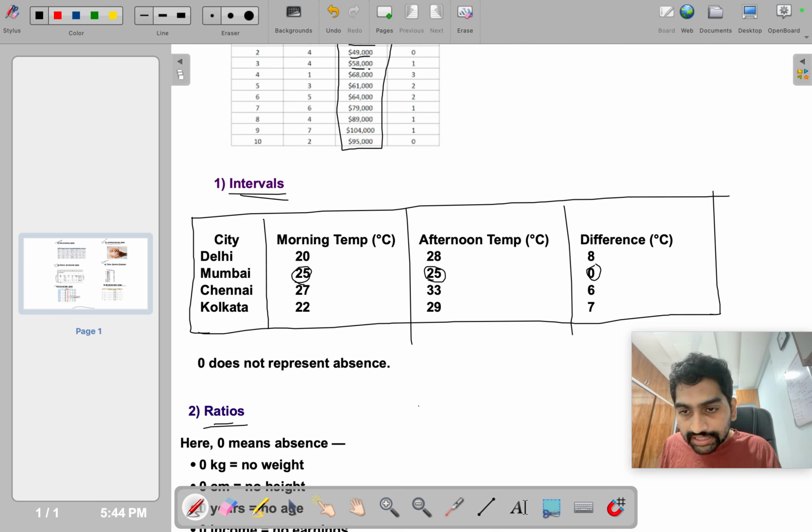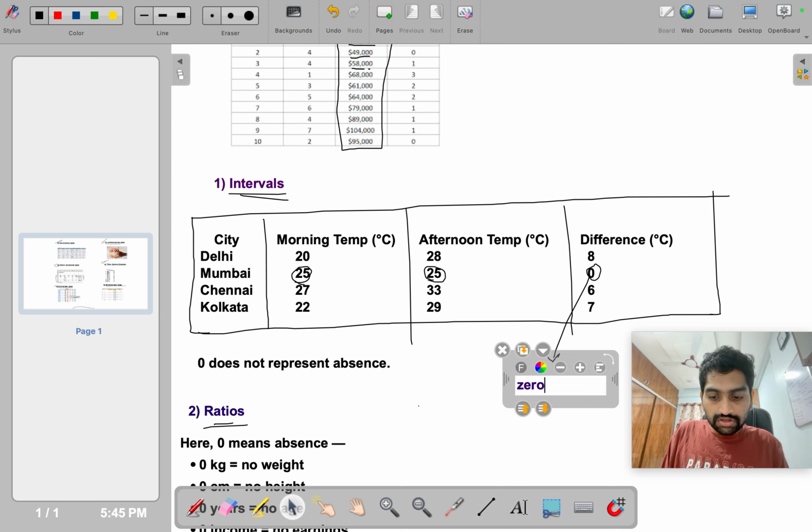Interval data is the type of data where zero has a meaning.